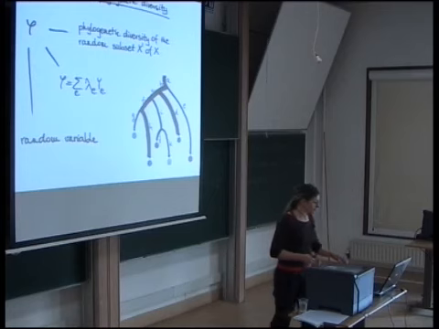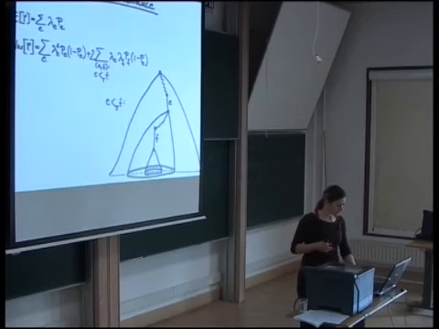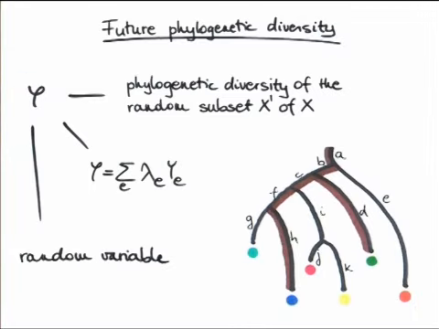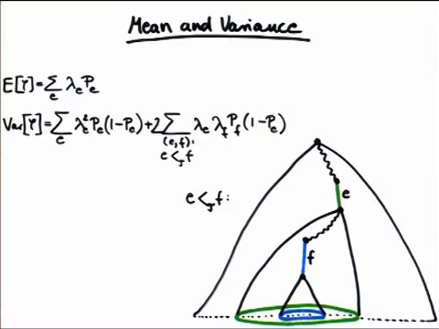Okay, but let's forget about the asymptotic behavior and these sequences for a while, and let's start with the mean and variance. Since the formula for phi includes the random variable Ye, which is just a binary random variable with expectation that is the probability that Ye takes the value 1, we get a simple formula for the expectation.